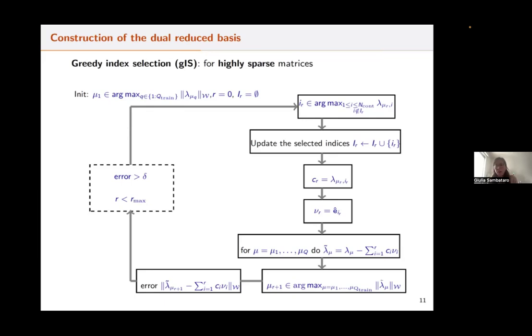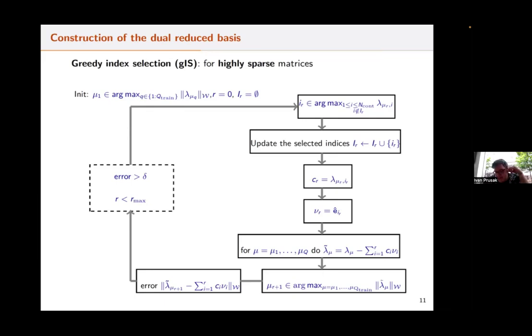These modes are added in such a way that at each iteration of this procedure, the projection error is smaller than a user-defined threshold. But to the best of my knowledge, it relies on error estimation, and so I did not do that in my project. It was not strictly needed, and it's one of the perspectives.